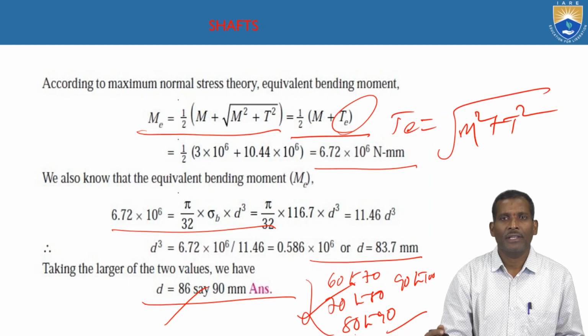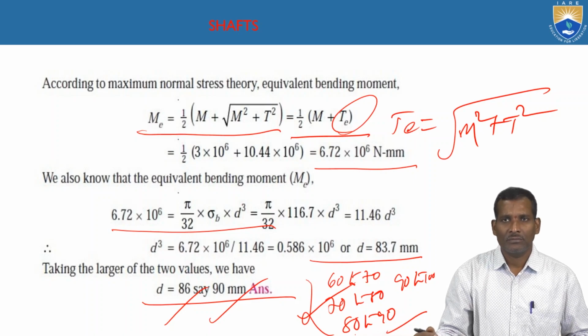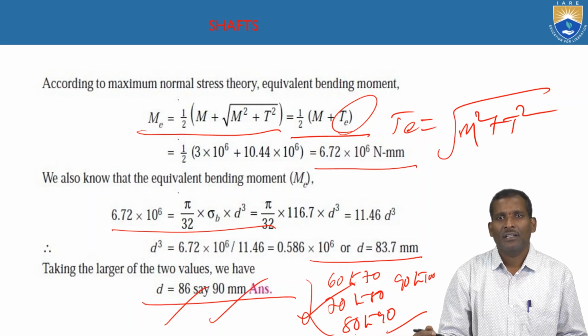After finding the two values, finally we take the larger of the two calculated values. So that is 90 mm, the final one. When shafts are designed on the basis of strength, we have to calculate like this.